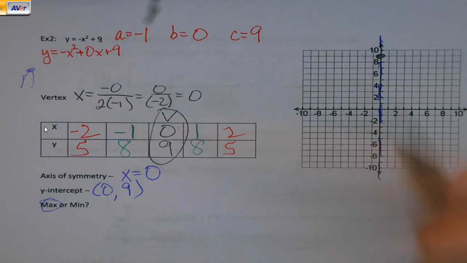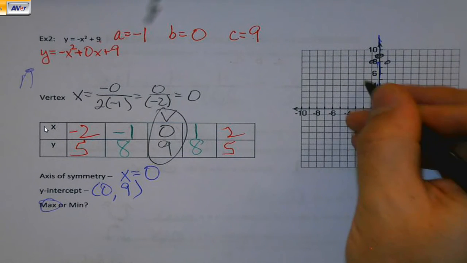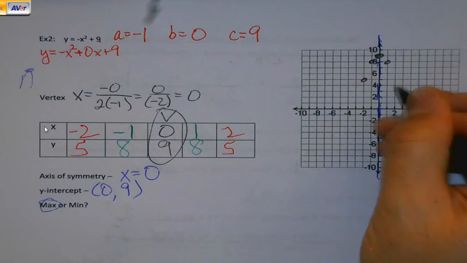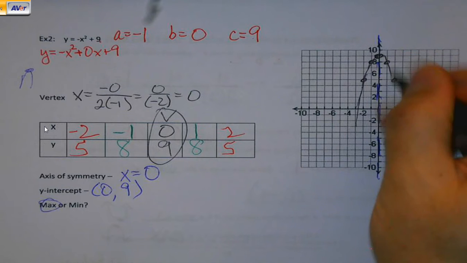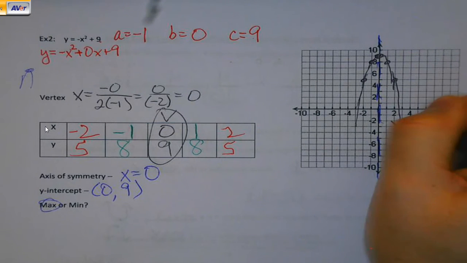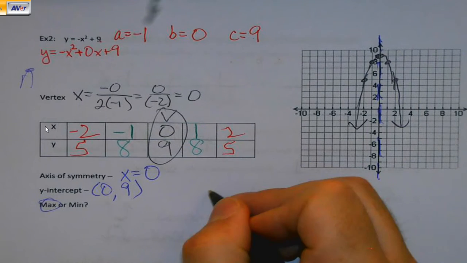So, we plot my other points here. And get that drawn in. And I know it's not on here, but we're going to do one last thing with it. We already know what domain is.